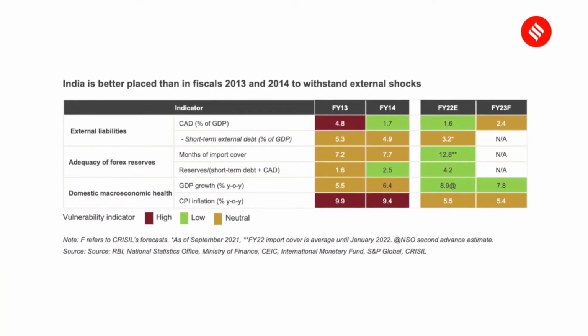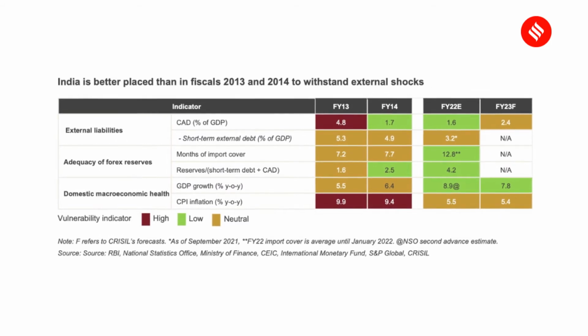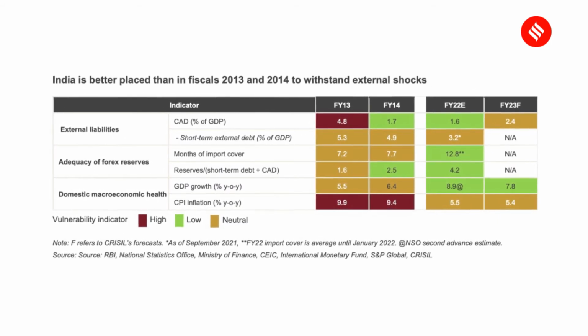The resilience comes from the fact that, from an external account perspective, we are in a much better position to brace these shocks. What I mean by that is that in each of these previous two episodes, our current account deficit, or like I said earlier, our demand for dollars, was much higher.